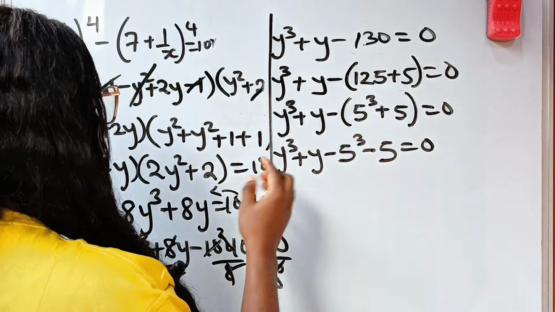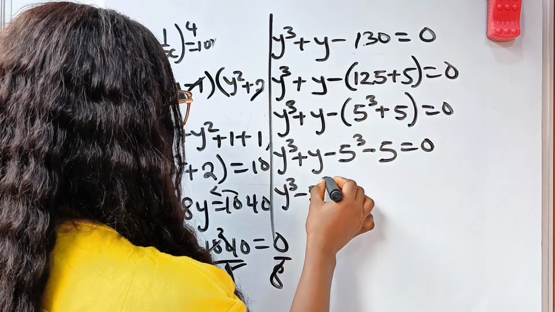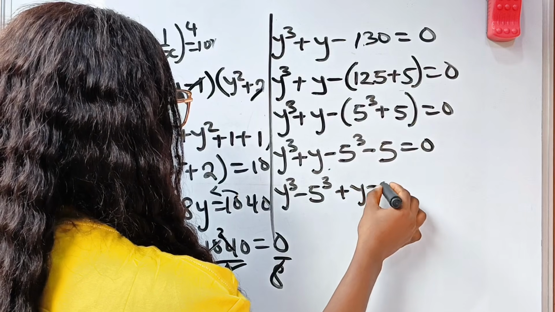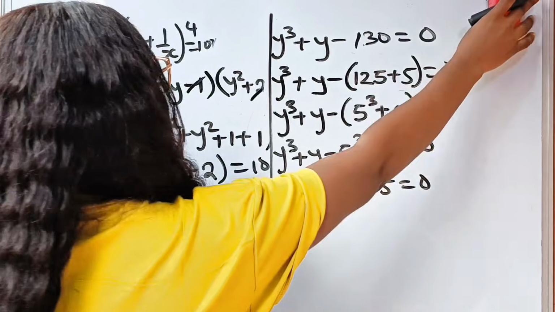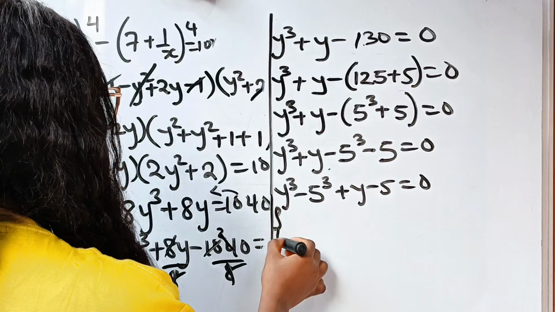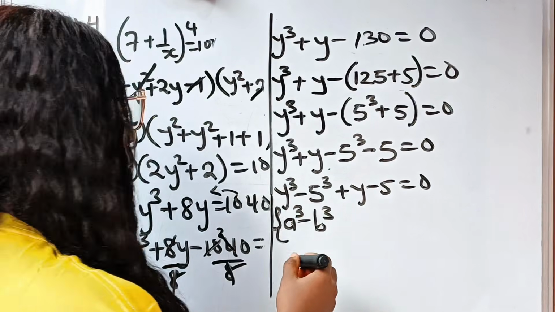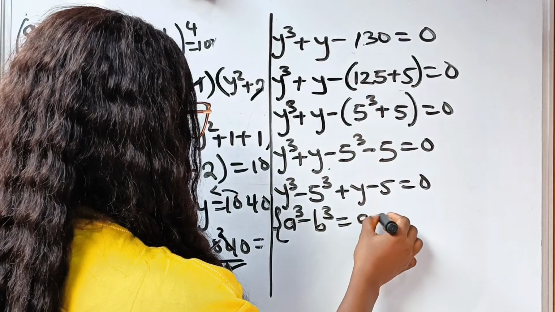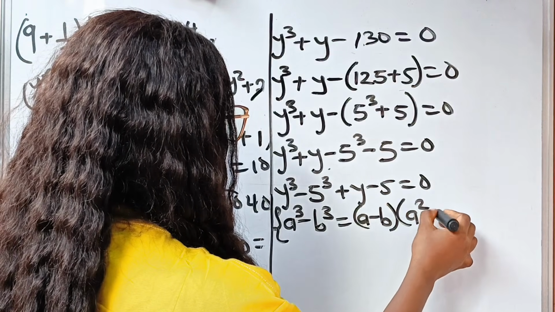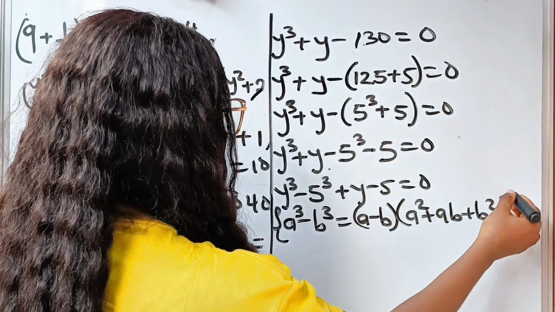So let's bring this to this side. Y to the power of 3 minus 5 to the power of 3. Okay. Then we have plus y minus 5 is equal to 0. Now I want you to remember that a to the power of 3 minus b to the power of 3 is equal to a minus b multiplied by a squared plus ab plus b squared.